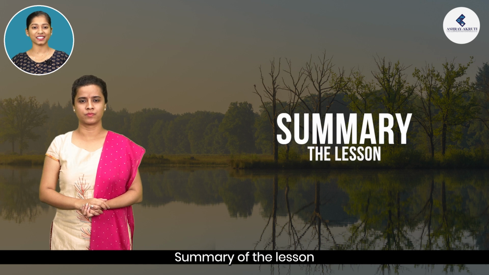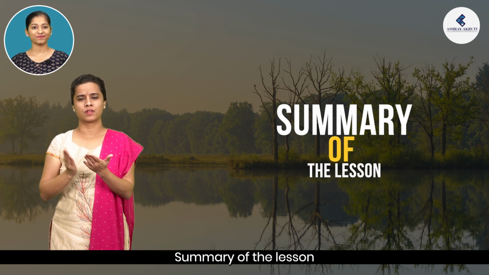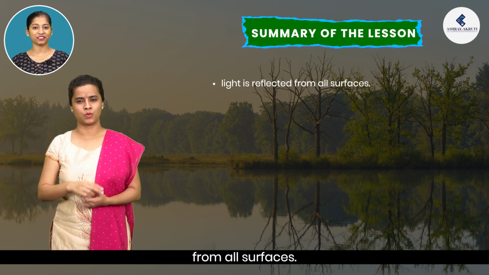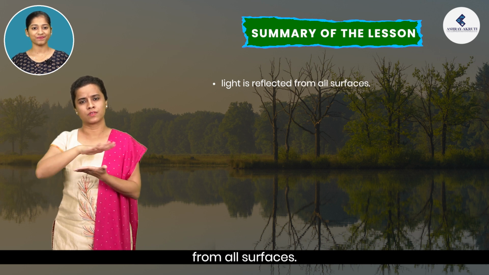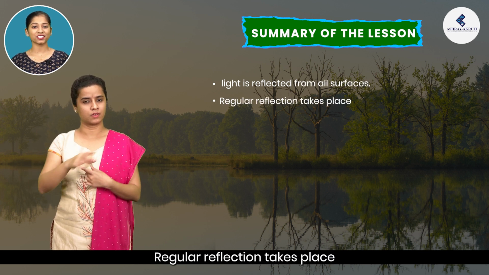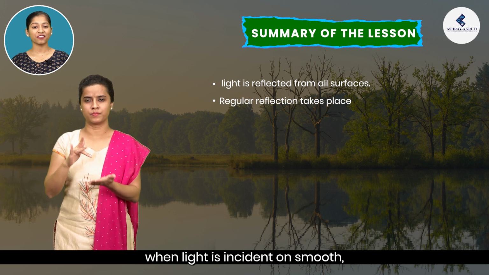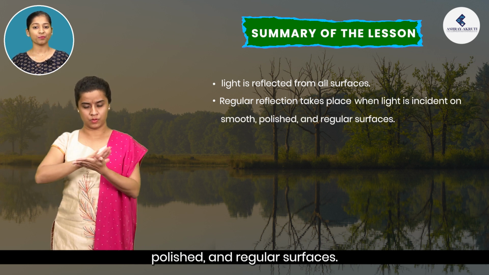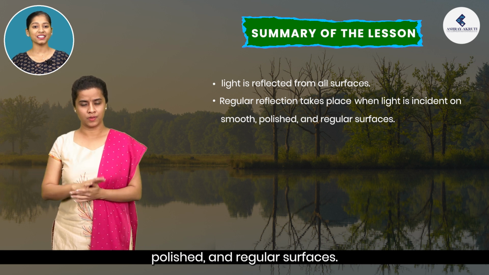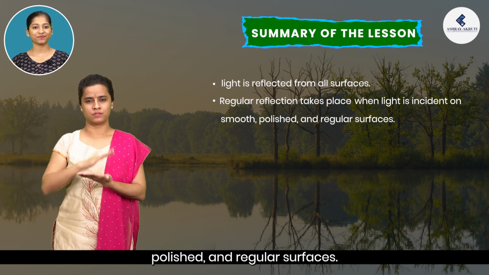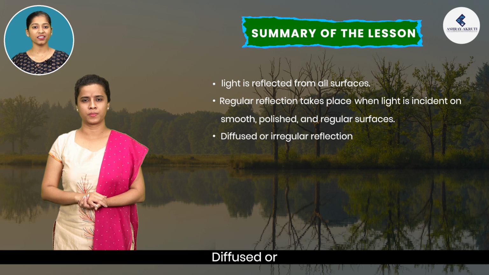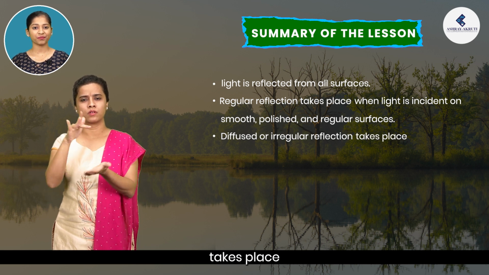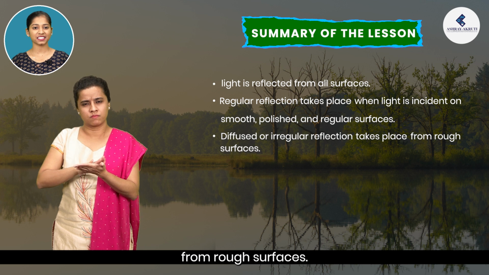Summary of the lesson. Light is reflected from all surfaces. Regular reflection takes place when light is incident on smooth, polished and regular surfaces. Diffused or irregular reflection takes place from rough surfaces.